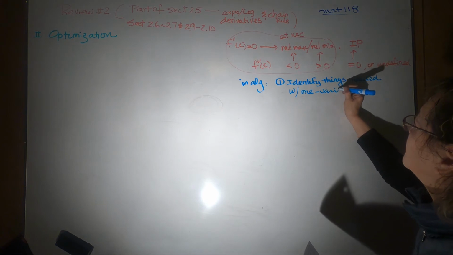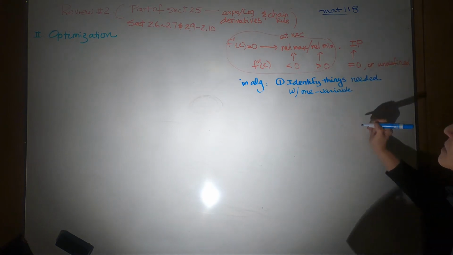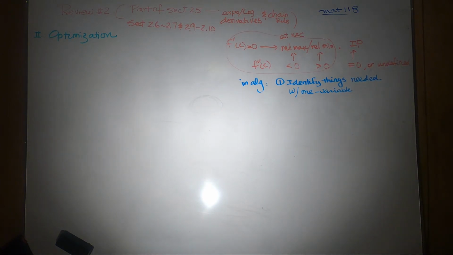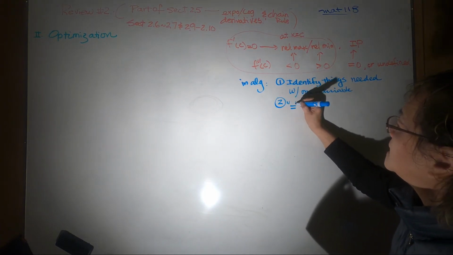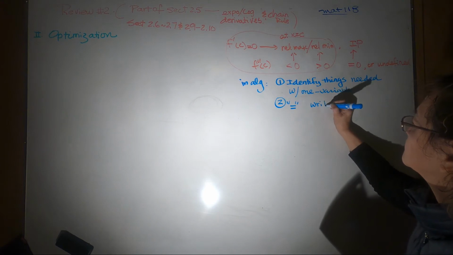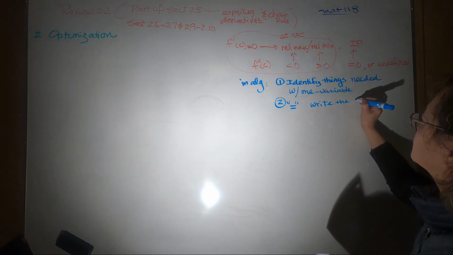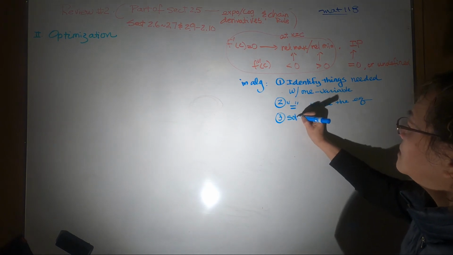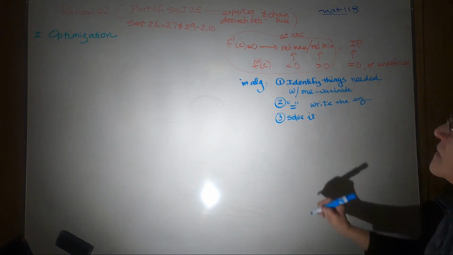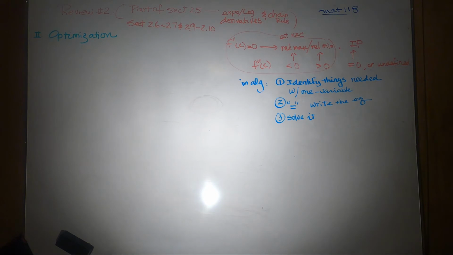You don't know how to solve two variables, okay? We just do it with one variable. Then second, we write the equations. Then what do we do after that? We will solve it. That's how we did it in algebra.